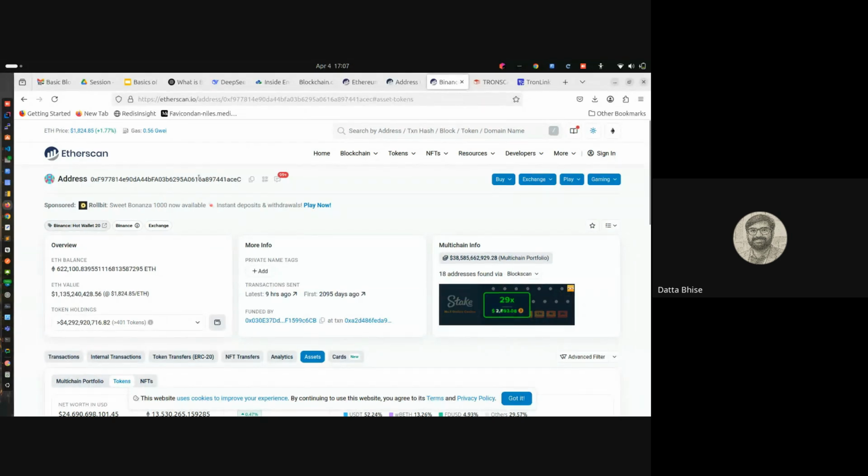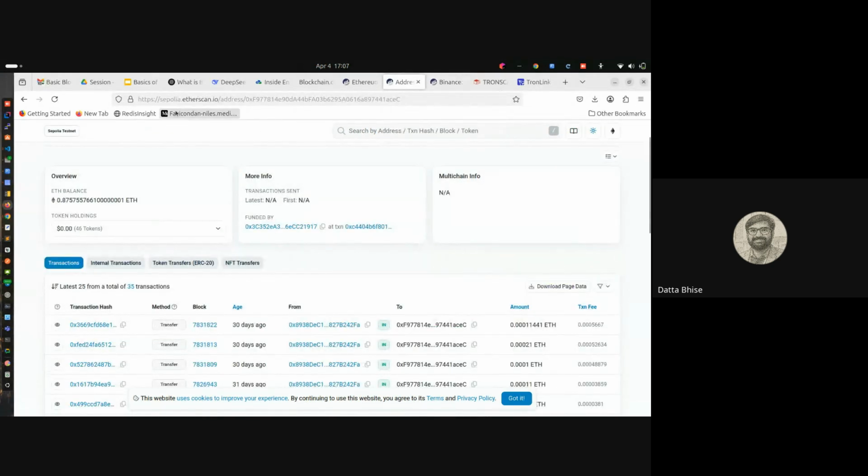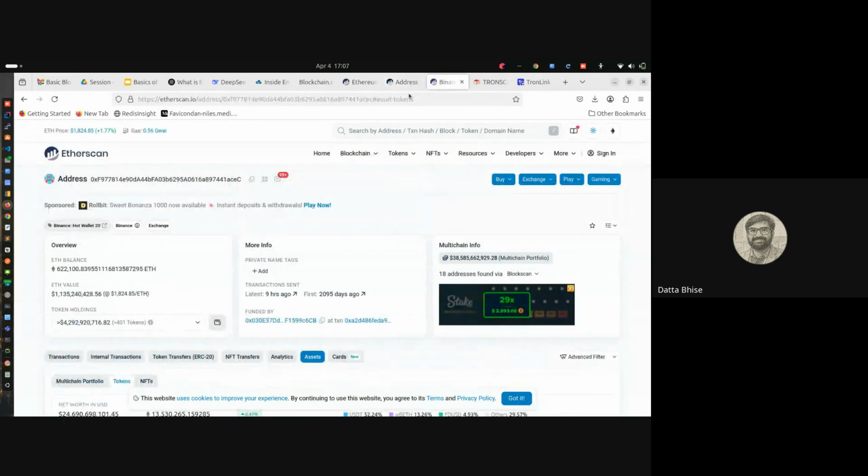As I told you, the same address can be used in the testnet, but the testnet blockchain is different from the mainnet blockchain. So whatever the testnet coin is, it's worthless. You cannot transfer it to the mainnet. Same address you can see here on Etherscan.